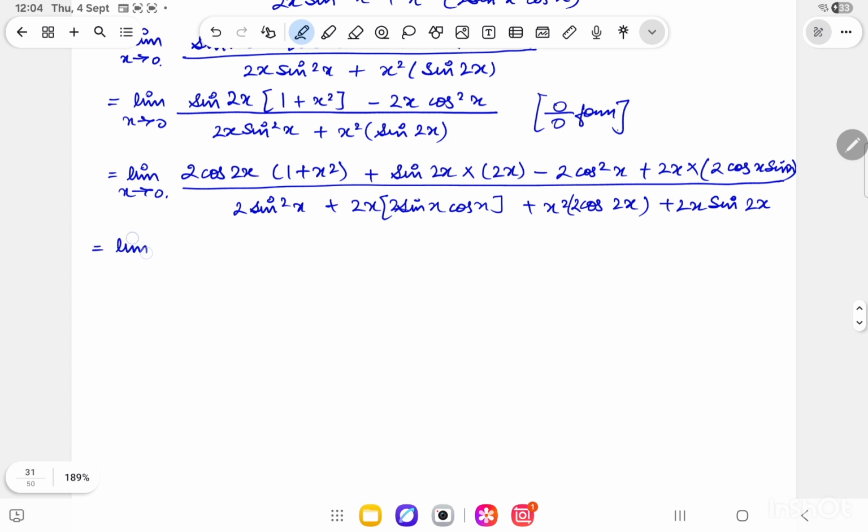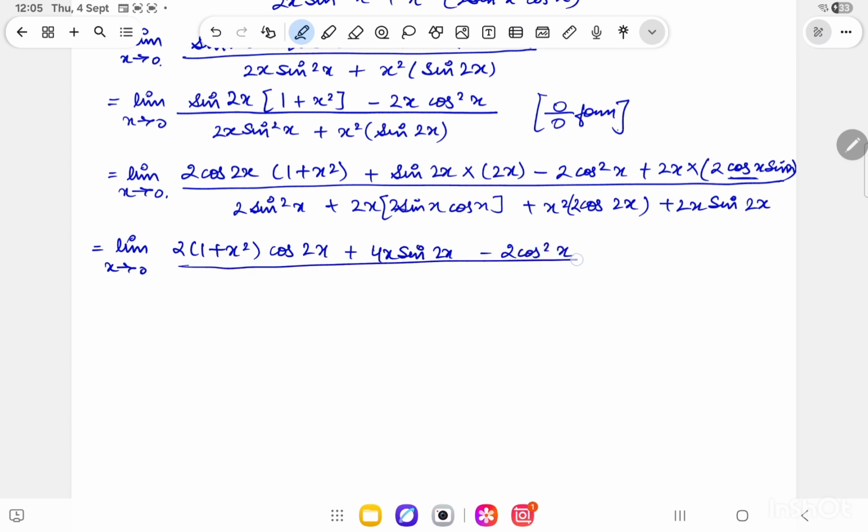This will be equal to the limit as x approaches 0 of 2 into (1 plus x squared) into cos 2x plus sin 2x. Here also it will form sin 2x. So I'll be getting 2x plus 4x sin 2x minus 2 cos squared x, divided by, here it will form sin 2x and this sin 2x again, 2 sin squared x plus 4x sin 2x plus 2x squared cos 2x.